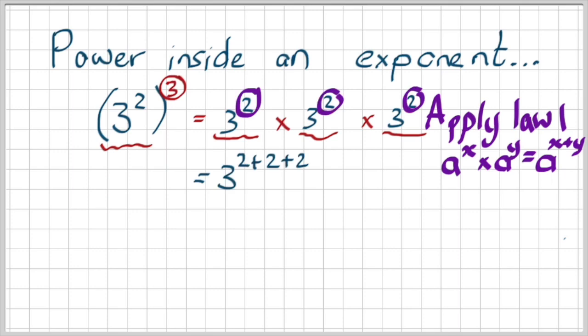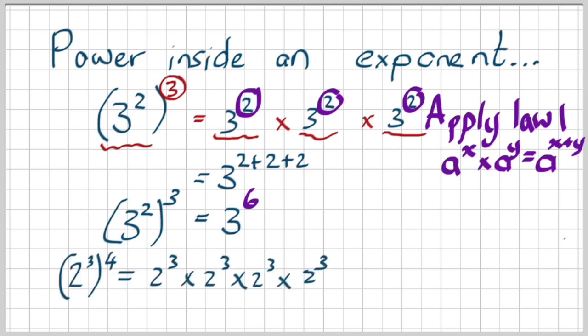So the 3's, because they have the same base and there's a multiplication, I can simply add the exponents. This gives me that 3 to the power of 2 to the power of 3 is actually 3 to the power of 6. Now what about if I give you 2 to the power of 3 raised to the power of 4?